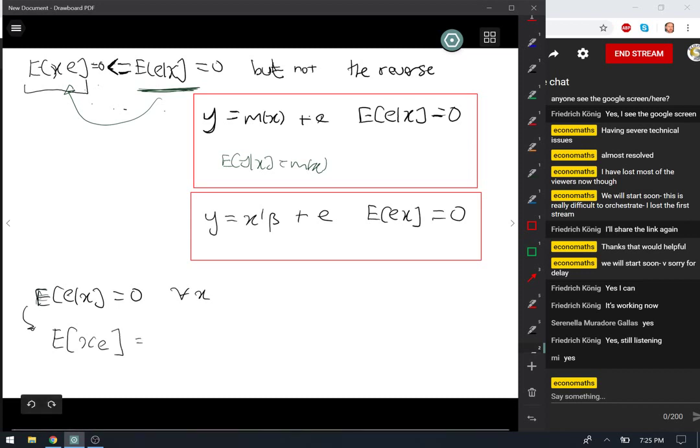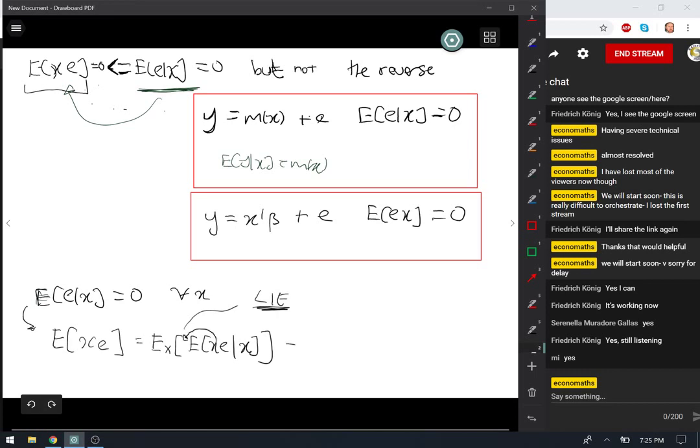Then we can use the law of iterated expectations to break this up into two bits: the average over x of the average of this variable given x. Always state the assumptions that you're using, here the law of iterated expectations. Inside here, we're conditioned on x, so x is fixed, so it can come outside.